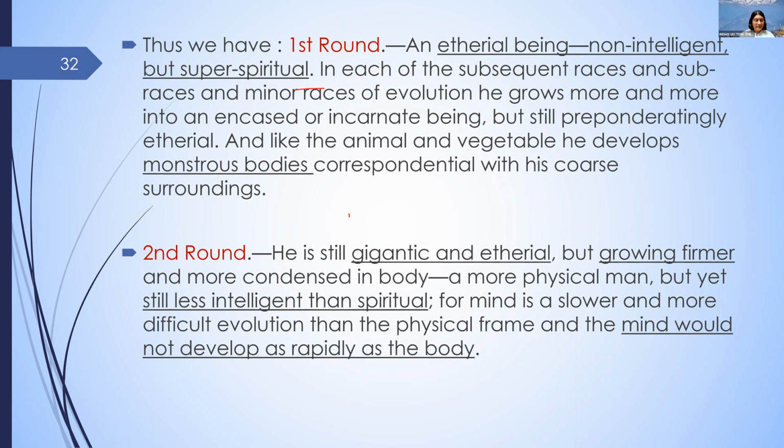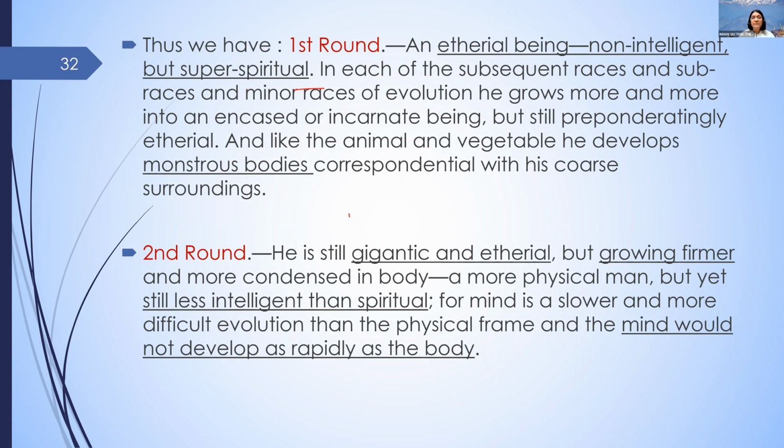Then in each of the subsequent races and sub-races and minor races of evolution, he grows more and more into an encased or incarnate being, but still preponderatingly ethereal. So material form is starting to evolve, but it is still ethereal. And like the animal and vegetable, he develops monstrous bodies correspondential with his coarse surroundings.